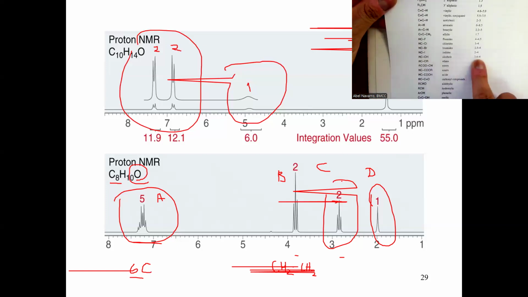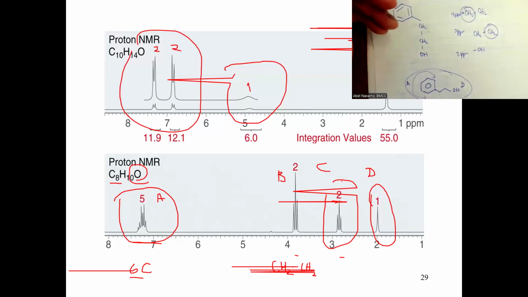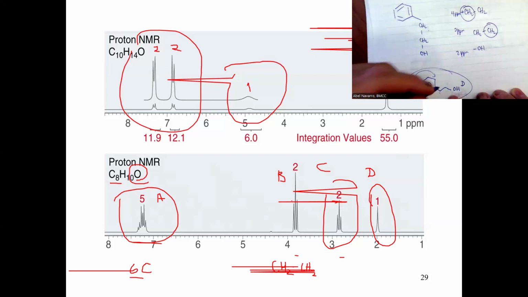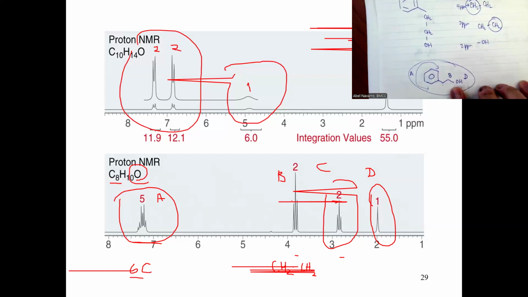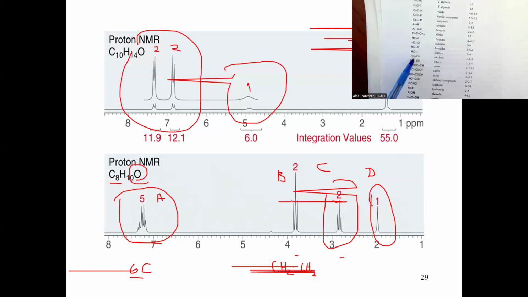CH next to an OH is 3.4, which is exactly what I have here. So this one should be the one next to the hydroxyl, B, the 3.4, because it's next to the hydroxyl.